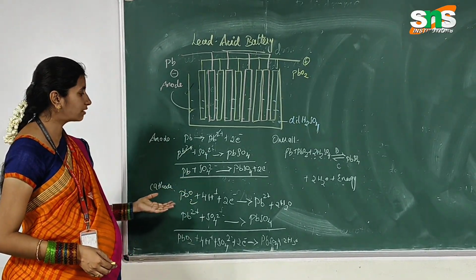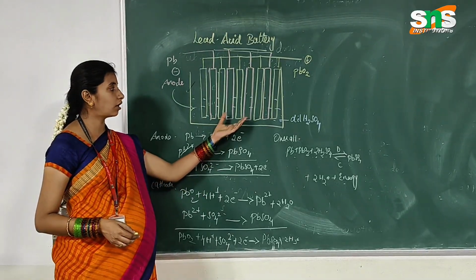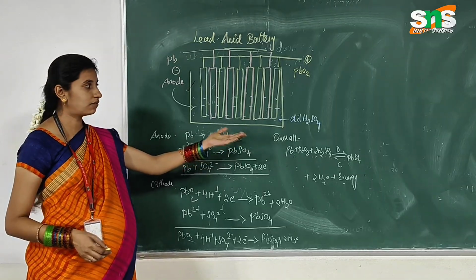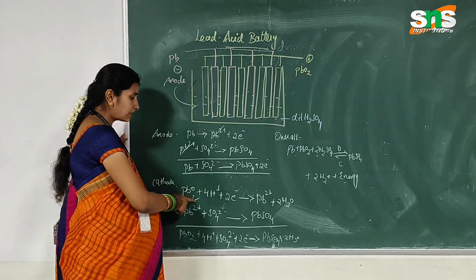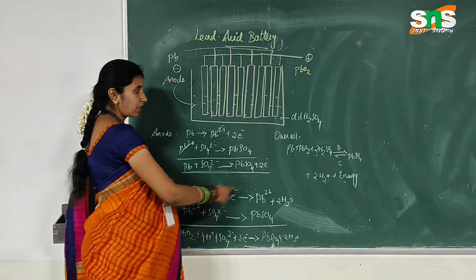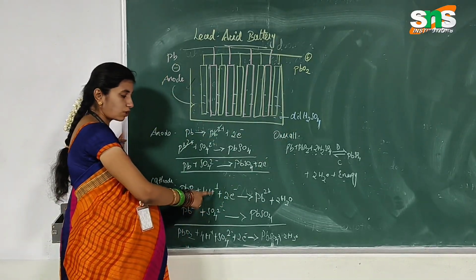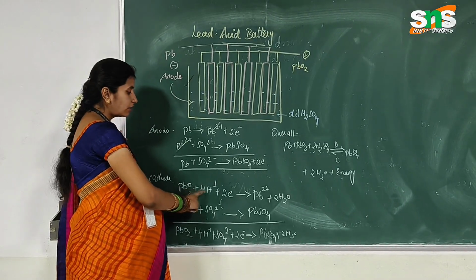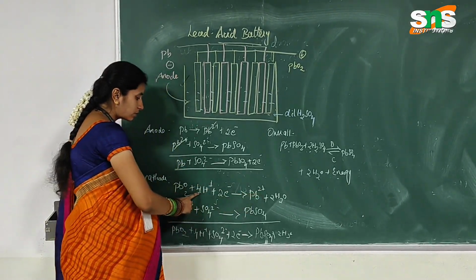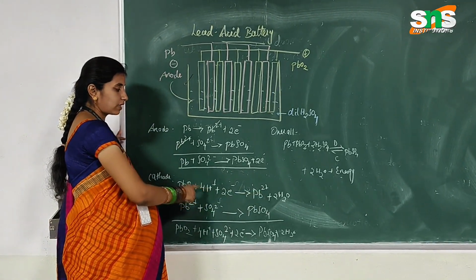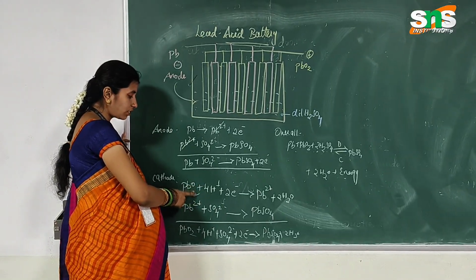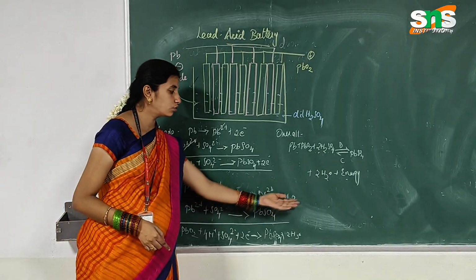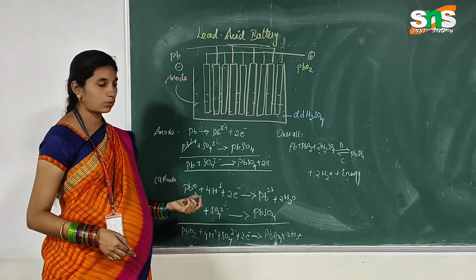The lead oxide plates also react with the electrolyte, sulfuric acid. PbO2 plus 4H+ plus 2e- gives Pb2+, with the gain of electrons, and the oxygen combines with hydrogen to form 2H2O, the formation of water molecules.